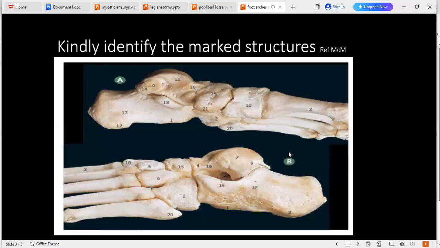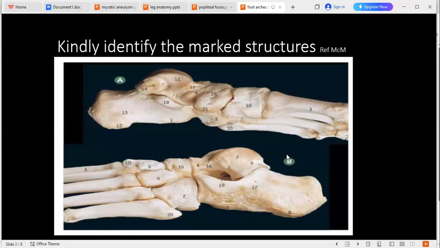Please tell me how many arches of the foot there are and how are they formed. There is longitudinal, medial longitudinal and lateral longitudinal, and transverse arch. Please tell me the components of the transverse arch.